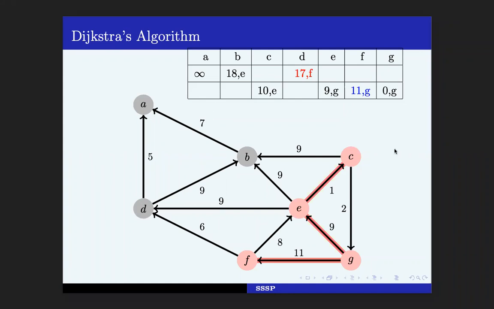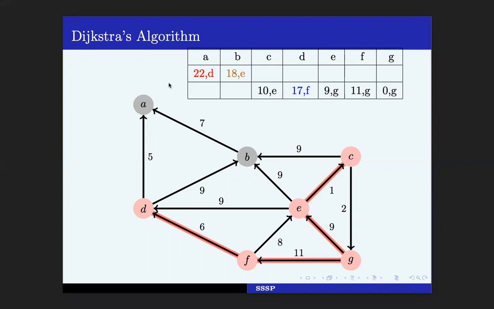So there are V rounds, because there are V vertices, and every round one vertex goes from top to bottom. And every time I need to update only those vertices which are in the out-degree of the vertex I've just added, so that's just D_i of them.